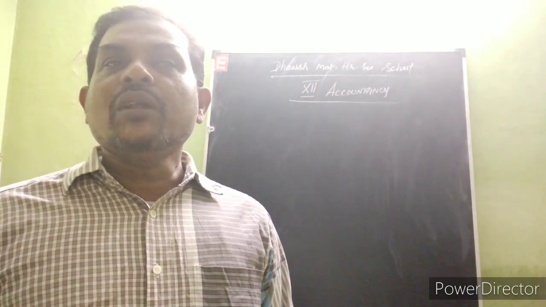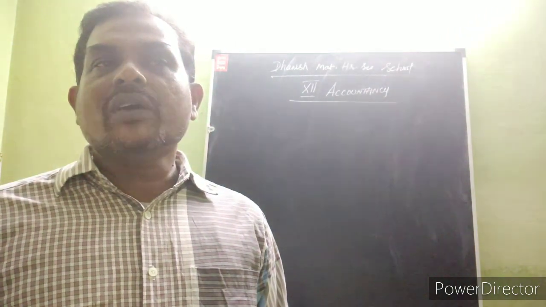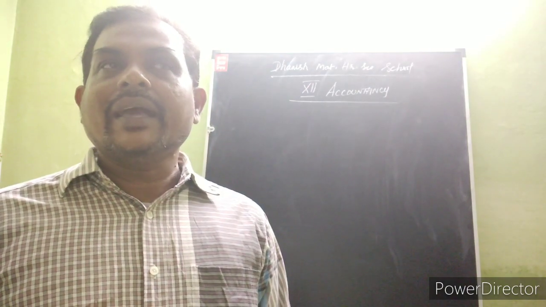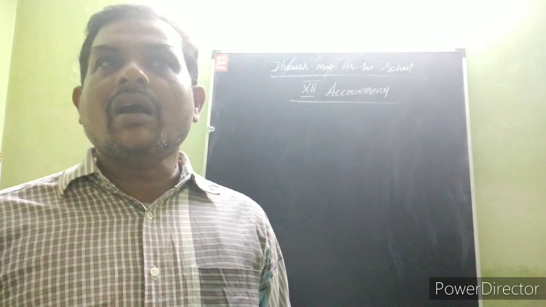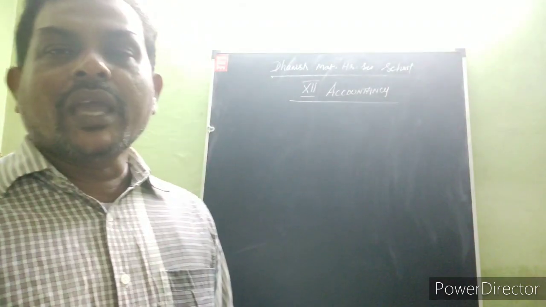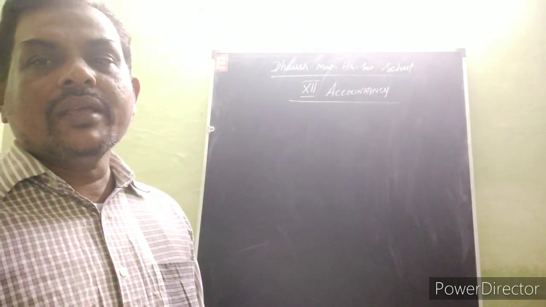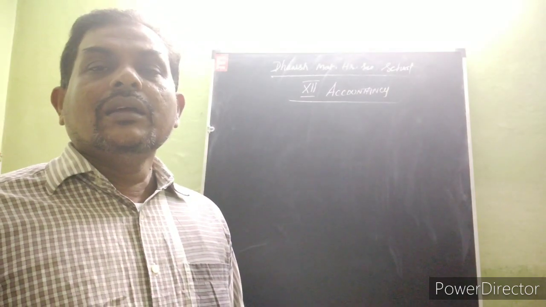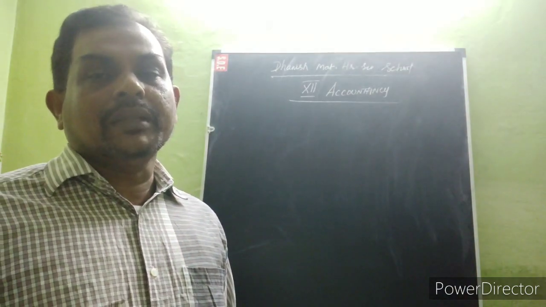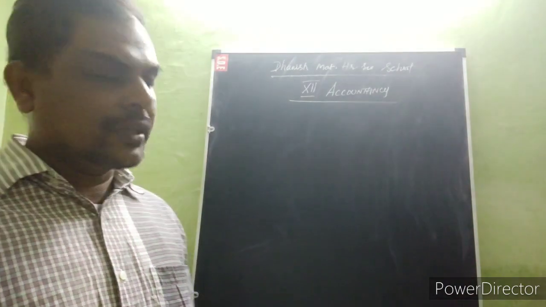So any one of the methods will be asked in your examination, either direct method or product method or average period method. Okay, now I'll teach you how to calculate interest on drawings under average period method.